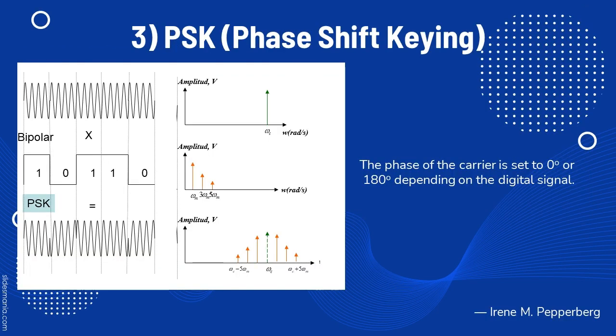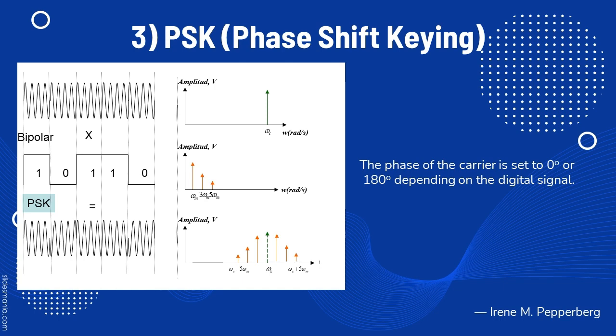Lastly, we are going to talk about PSK, phase shift keying. PSK is different from ASK and FSK. The analog signal originally looked like this, times the bipolar, and the output will look like this.